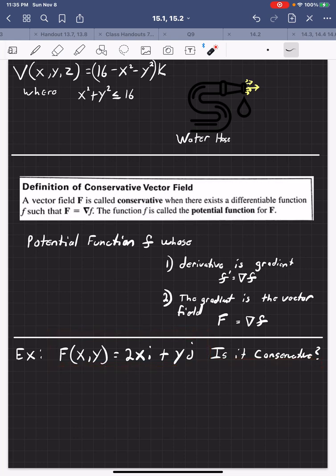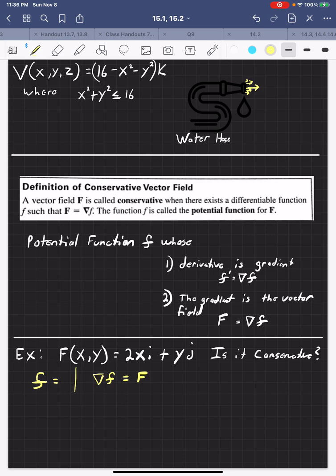Okay, so how do I take this information to make the statement whether it is or is not conservative? Well, first off, if it is, there must be some potential function out there, right? There is some f such that the gradient of f is equal to this vector field.